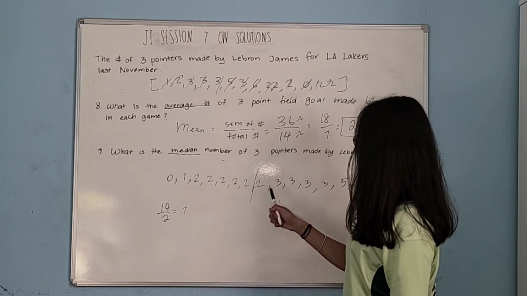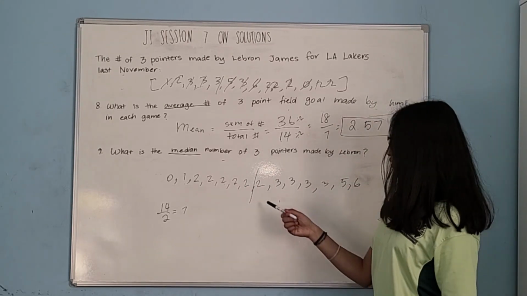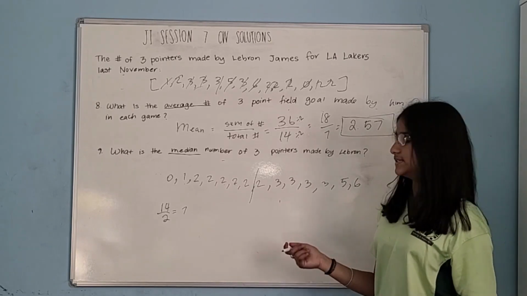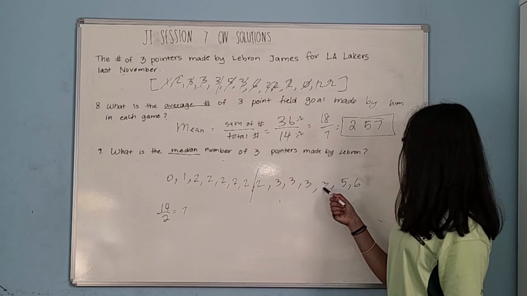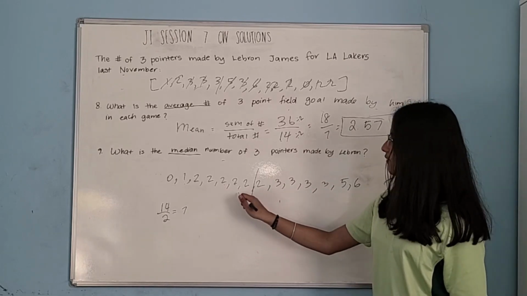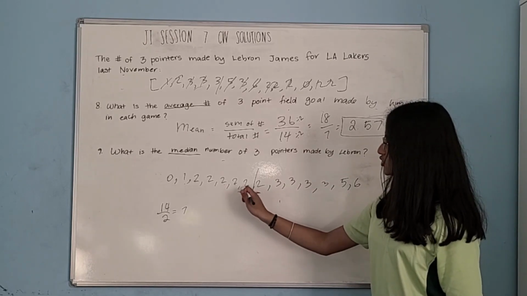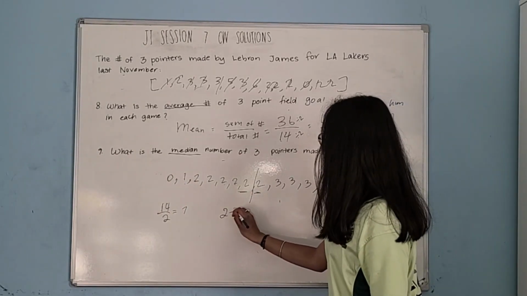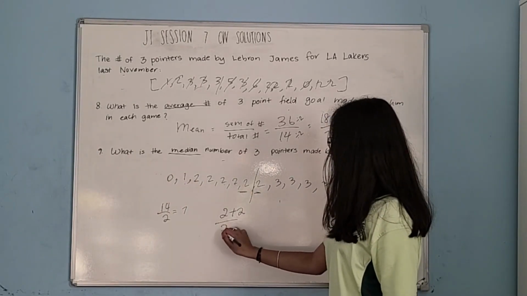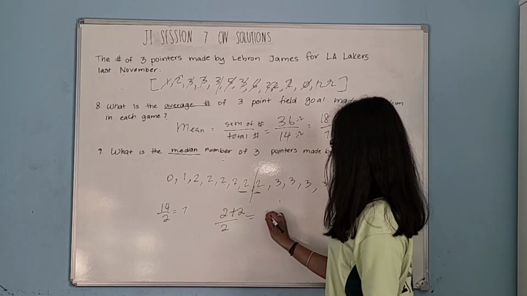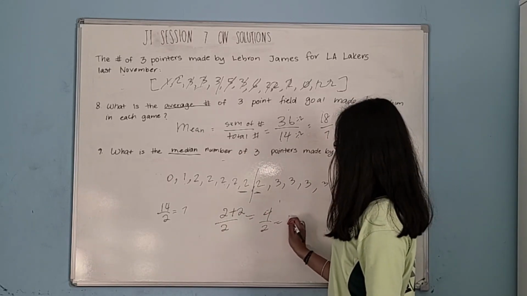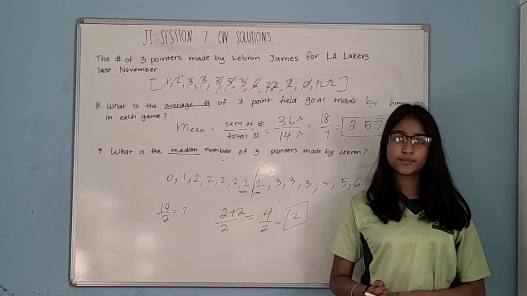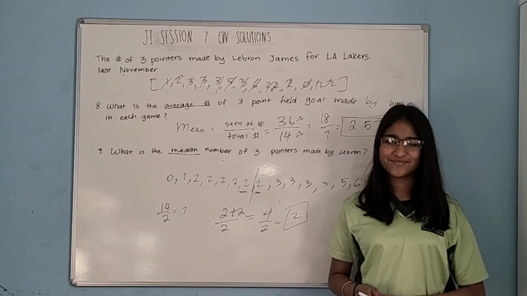Just to make sure that it's true, let's check whether the total numbers on this side is 7. 1, 2, 3, 4, 5, 6, 7. Yes, it is. And the two middle numbers, 2 and 2, are, well, they're 2 and 2. And when you find the average of that, that's 2 plus 2 over 2, which is 4 over 2, which is 2. So the median number of three-pointers made by LeBron is 2.